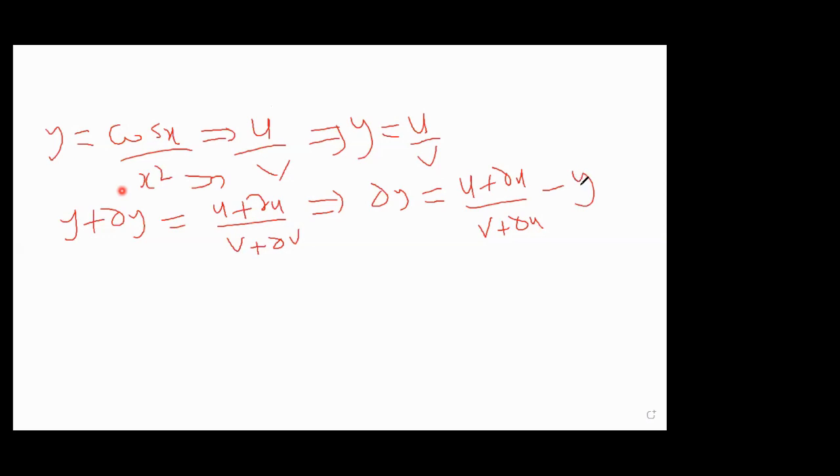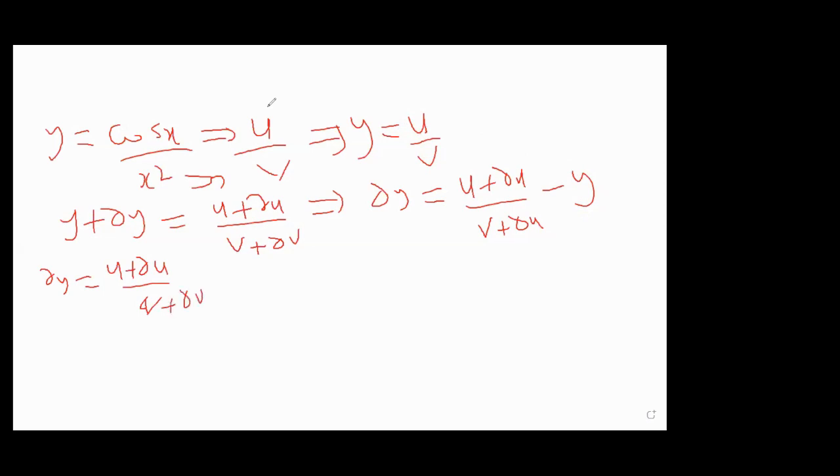That's the reason we have it as minus. Therefore, I will define y as u over v, and you now replace y by u over v. Then we now have del y is equal to u plus del u all over v plus del v.